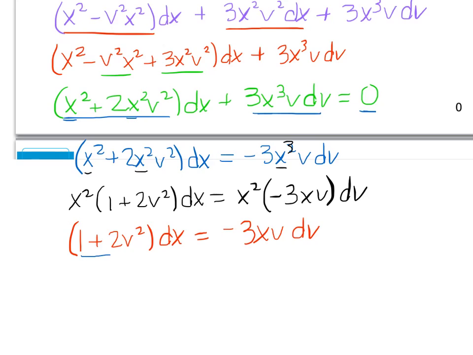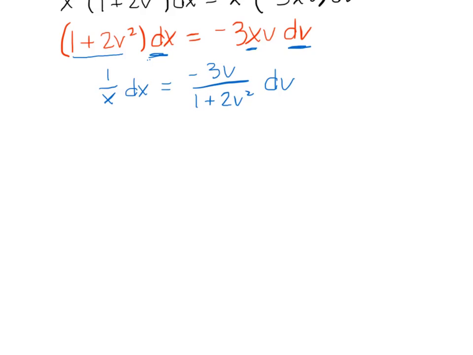So I see that I can move this term, because it has my v stuff in it, over to this side here with this dv, and if I divide by an x here, I can have my x over on this side here with the dx. So let's go ahead and do that. So that's going to give me 1 over x dx equals a negative 3v divided by 1 plus 2v squared dv.